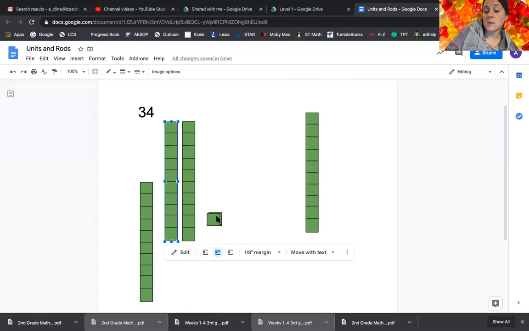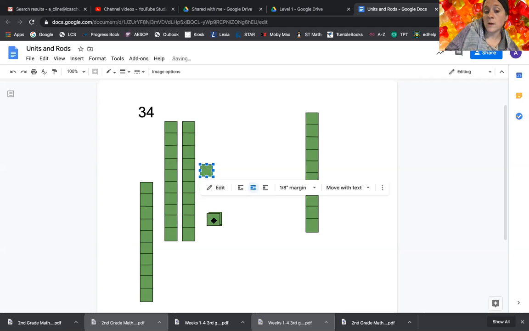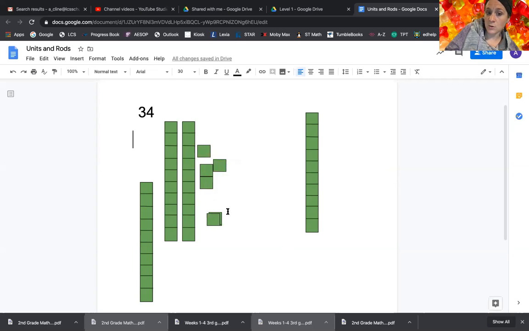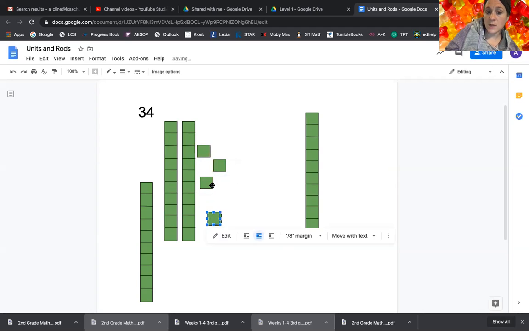And then there's 4 ones. 1, 2, 3, 4. So one of the parts that makes up the total is going to be a 10 because we took out the 10. And the other part that makes up the total is going to be 24, because we had to take out that 10.